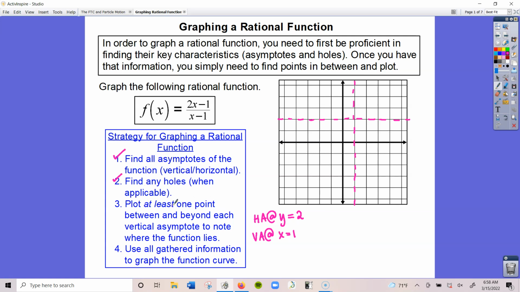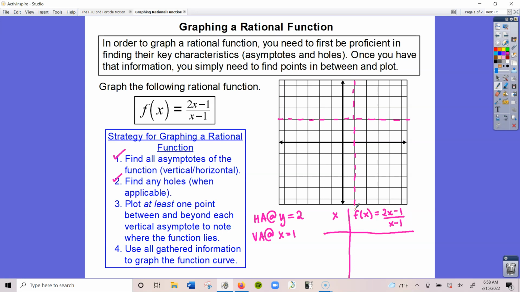Step 3 is to plot at least one point between and beyond each vertical asymptote to note where the function lies. So here's my vertical asymptote. I'm going to create a table of values using some x's that are on either side of the vertical asymptote, and then plugging in those x's.